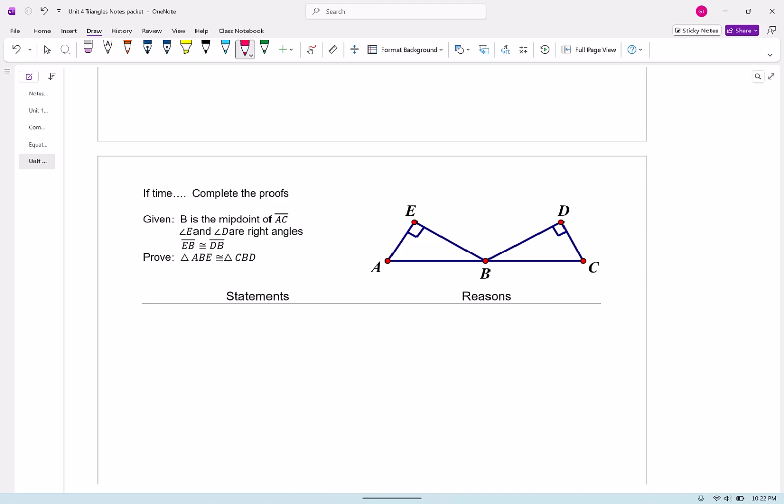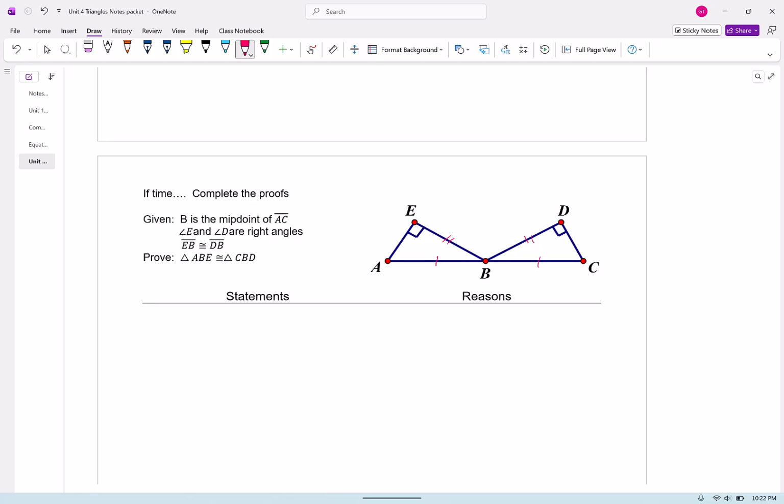All right, so I have a 90-degree angle, so it's a right angle. B is the midpoint of AC, so therefore these are going to be the same. Angle E and angle D are right angles. We see that, and we got EB and DB are also the same length. So I have an angle, I have a side, and is there anything else that I can prove to be true at this point?